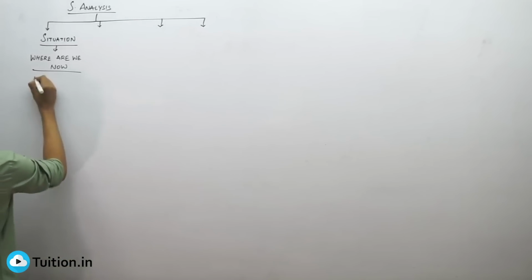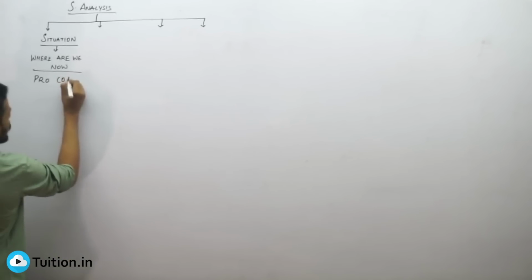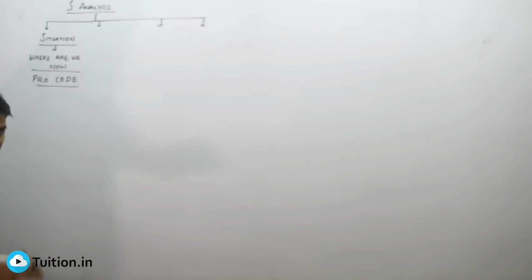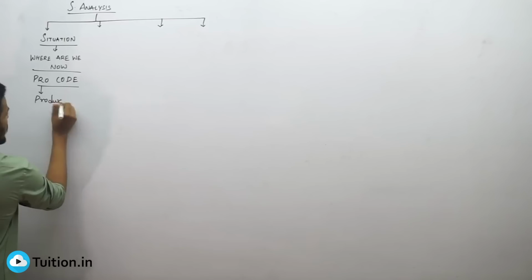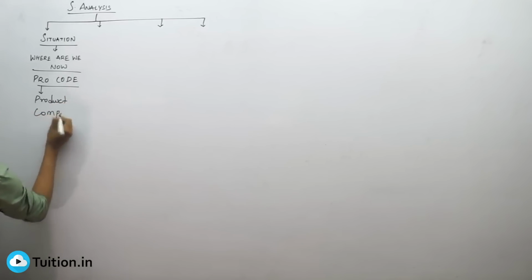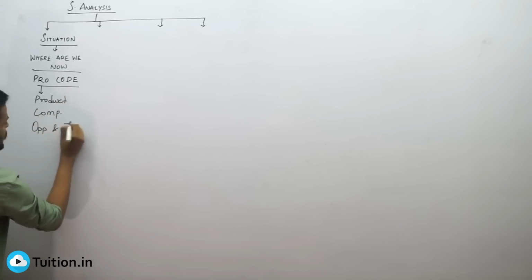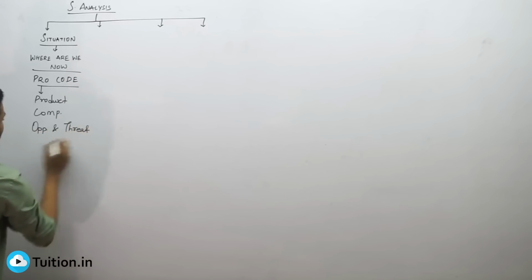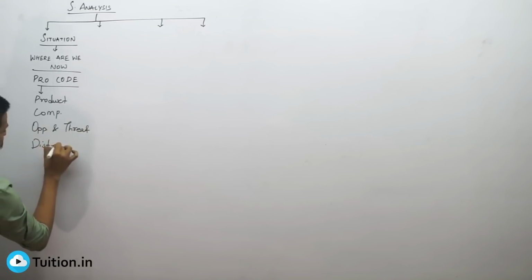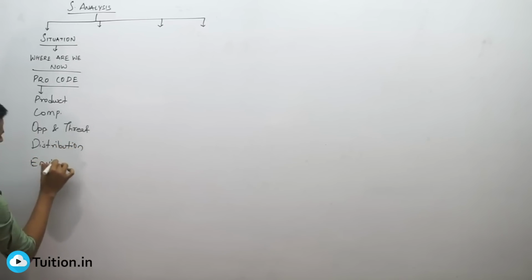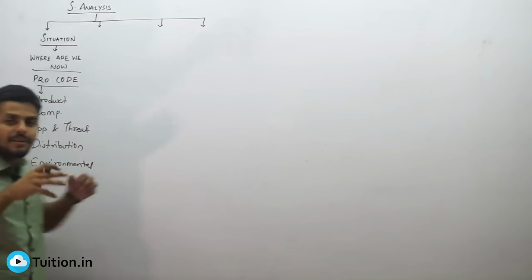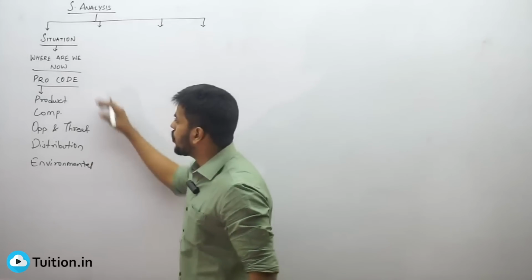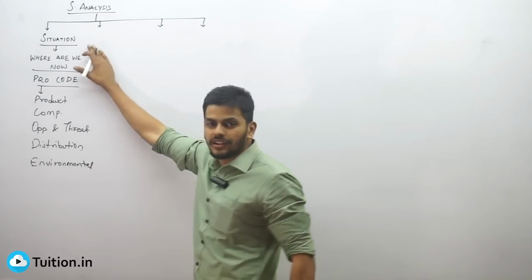I use the shortcut called PRO code, which is about the 5 situations that are considered in the situation analysis: product situation, competitors situation, opportunities and threats analysis, the distribution situation, and of course E for environmental analysis. So this is what we are going to understand in the present situation, answering a current question called, where are we now? This is about situation analysis, point number 1.